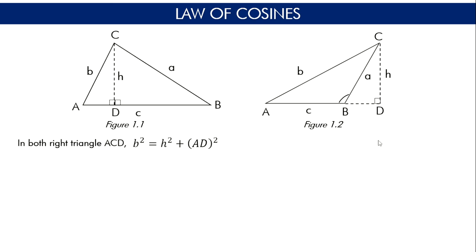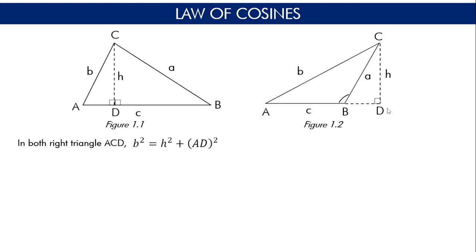Same with figure 1.2. In triangle ACD, we have this Pythagorean theorem, b squared is equal to h squared plus AD squared.